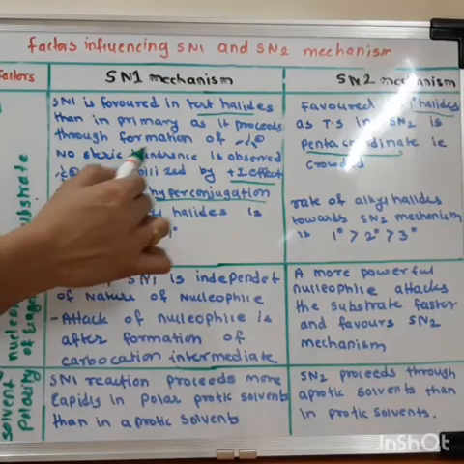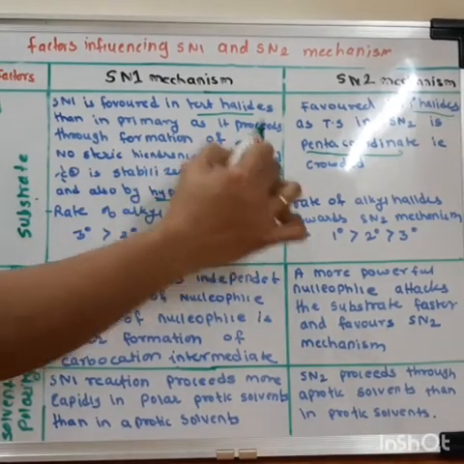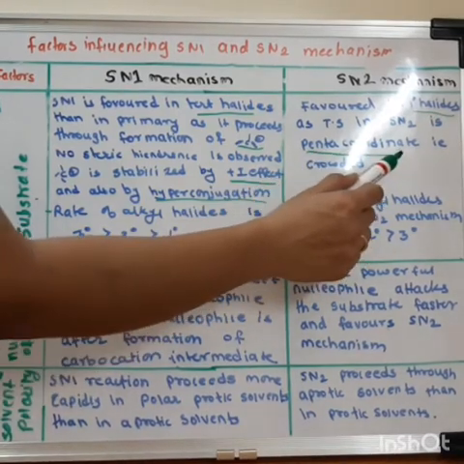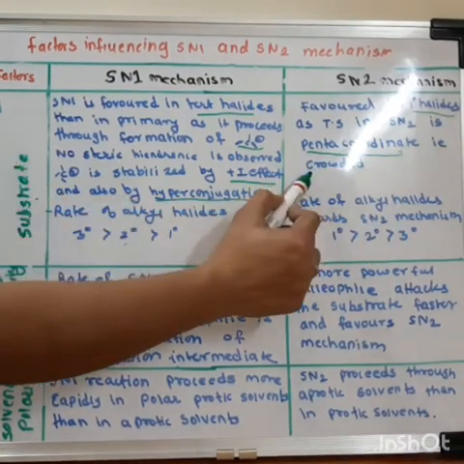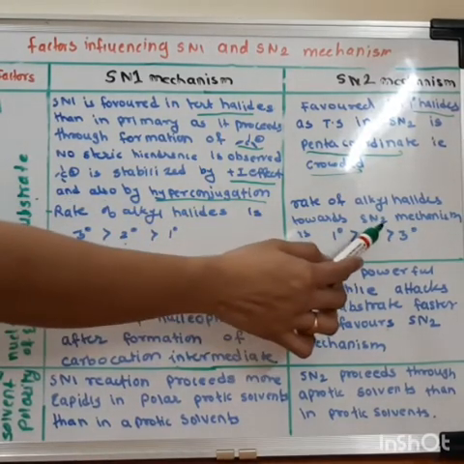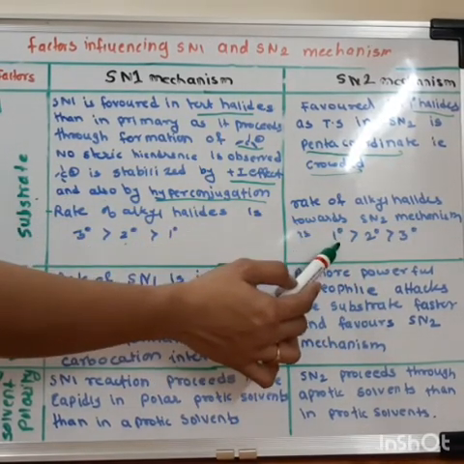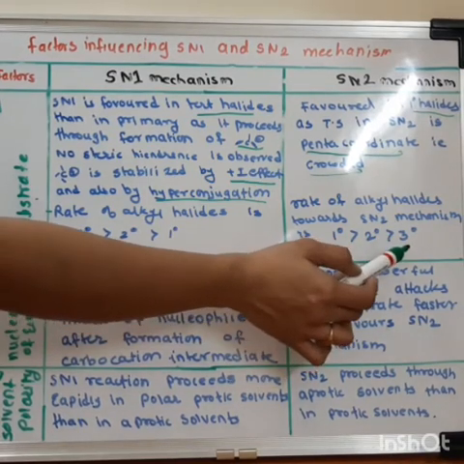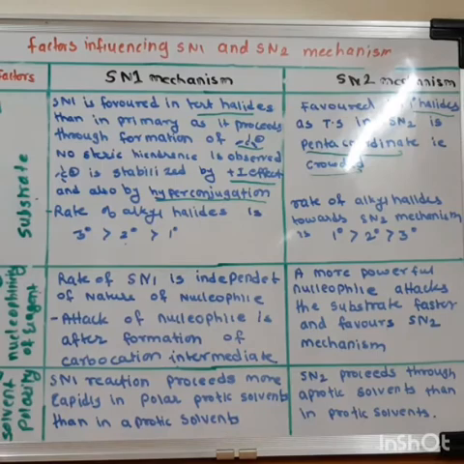Here the intermediate is a planar carbocation, and in SN2 the transition state is a pentacoordinate carbon, that is crowded. So the rate of alkyl halides towards SN2 mechanism is primary alkyl halide greater than secondary, and secondary alkyl halide greater than tertiary alkyl halides.